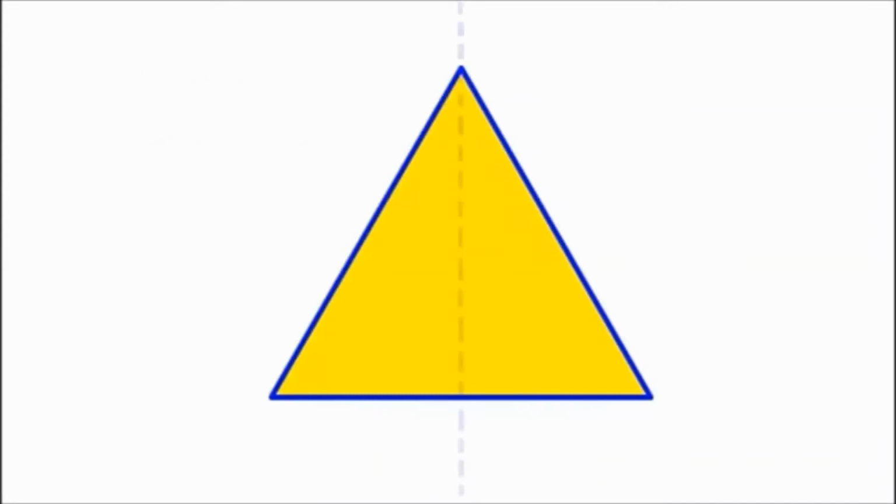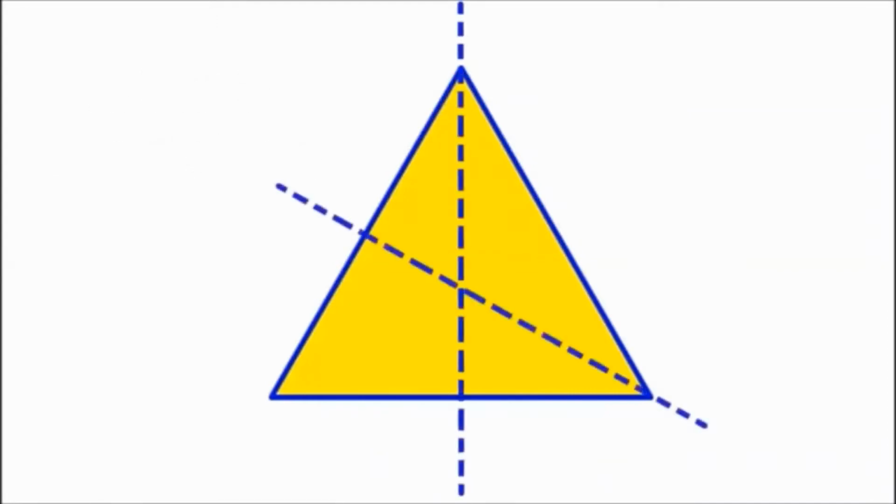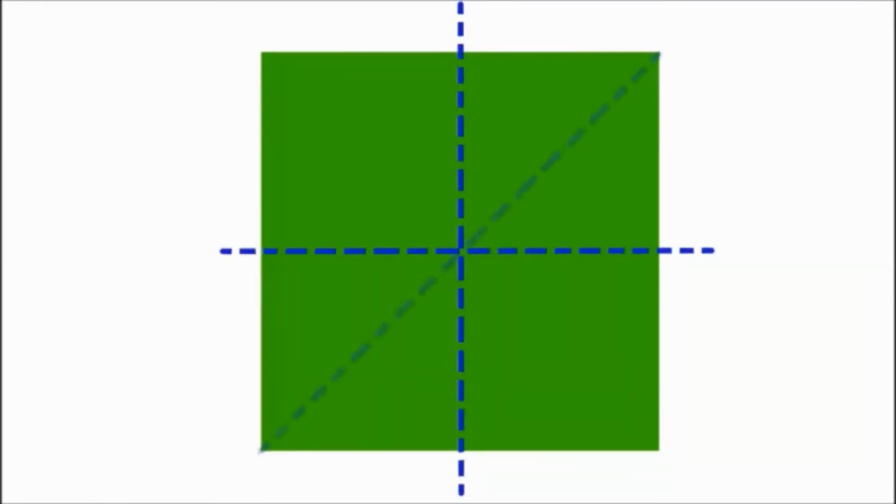You could fold it here, here, or here, and each time the halves would be the same. A square has four lines of symmetry. You could divide it in half from left to right, top to bottom, or from corner to corner either way.